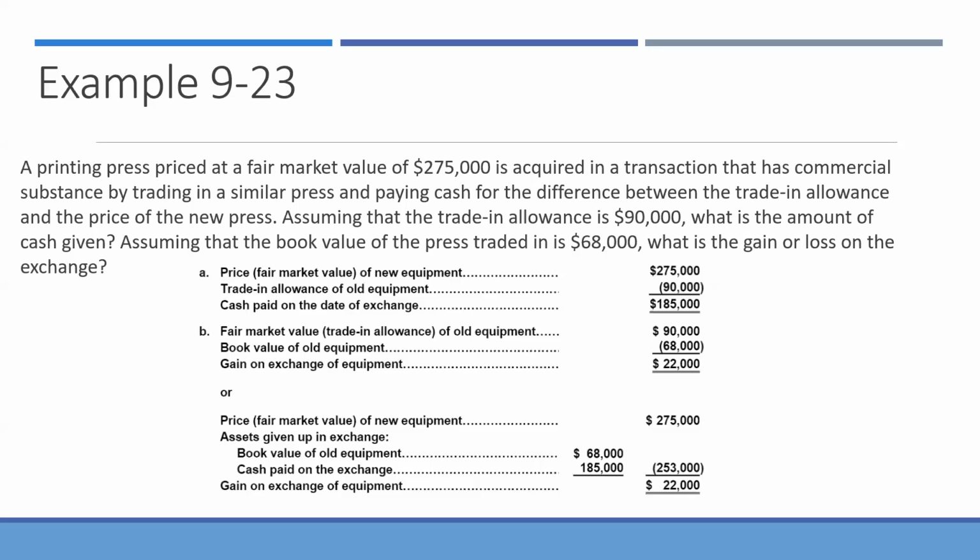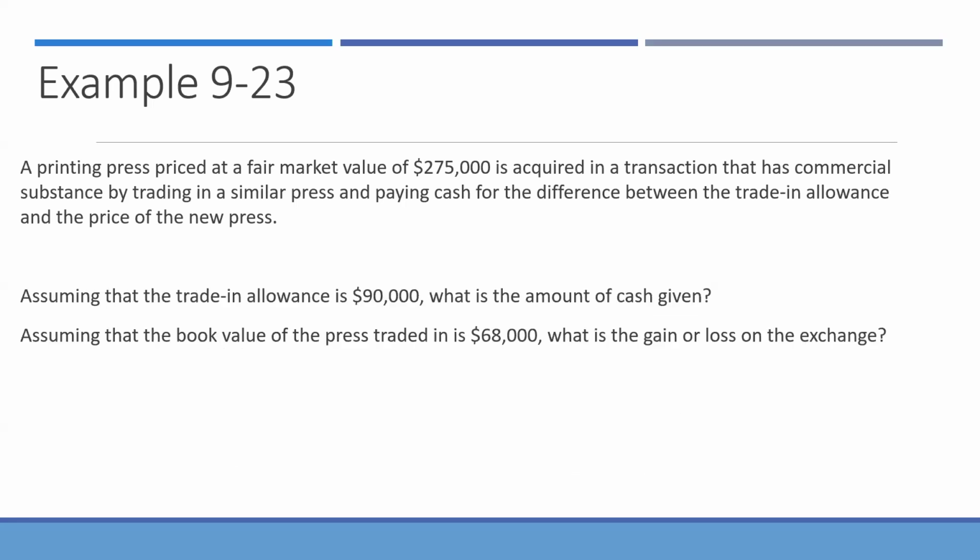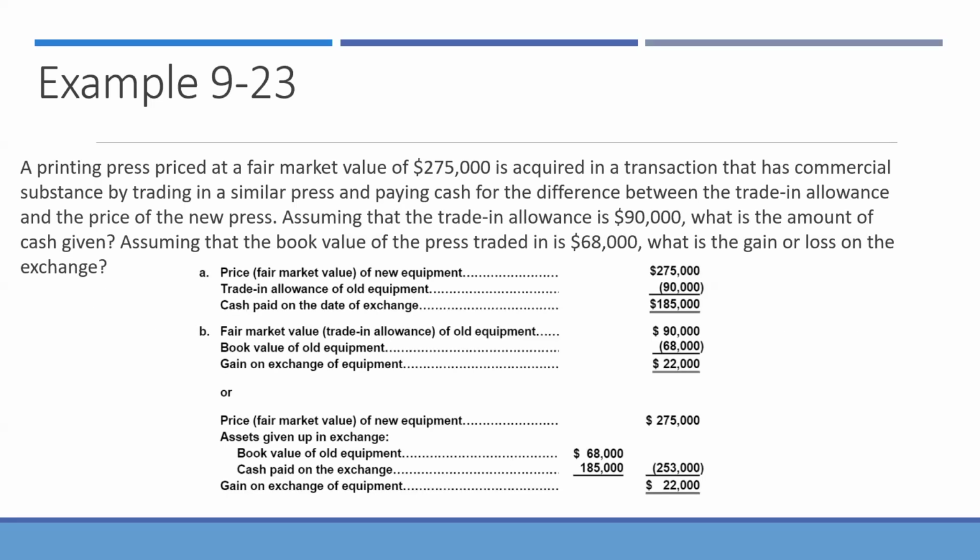We don't know what the old asset's book value was, but the net debit and credit for the old asset would be 68,000. And then the debit for the new asset would be 275,000. That's what we recorded on our books. And then the gain, so that would be a credit. But this is really just having us calculate the cash given on the exchange. That's the point of this, not the journal entry itself.